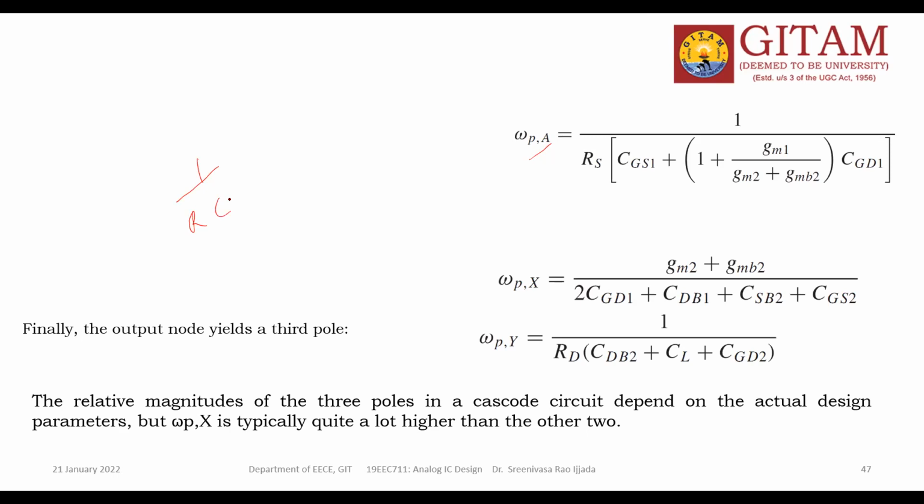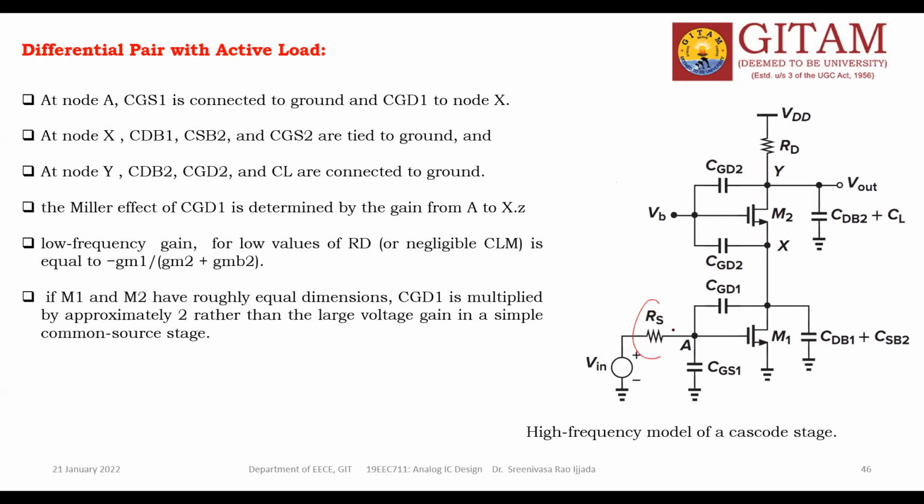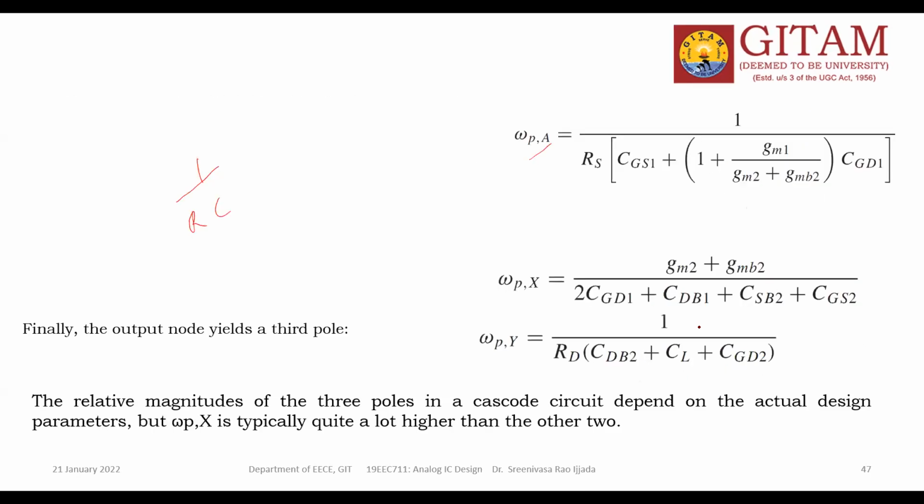What is the R value here? R is the source resistance RS at the node I am talking about. And find the equivalent capacitance at node A. The equivalent capacitance is CGS1 plus 1 plus GM1 by GM2 plus GMB2 times CGD1. This is the pole frequency at node A.